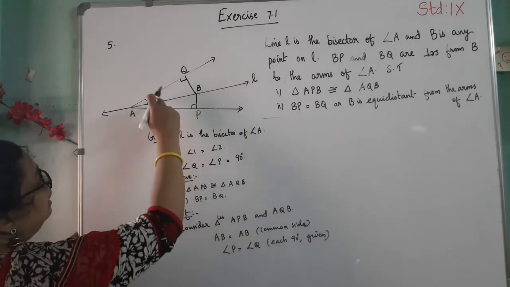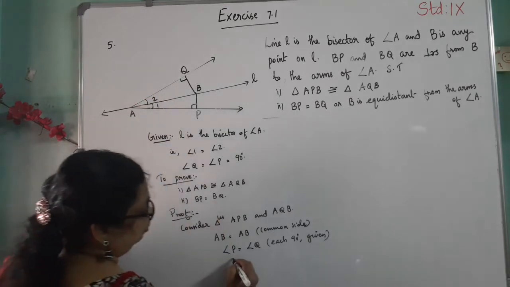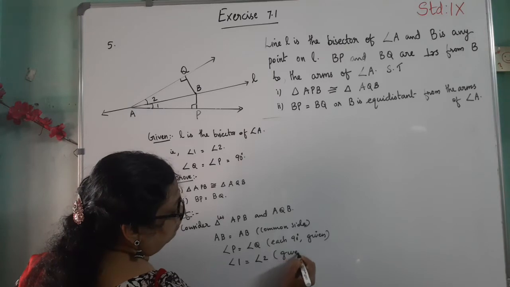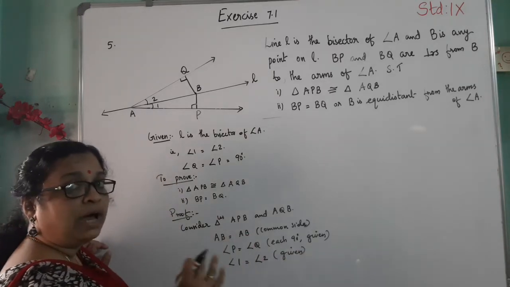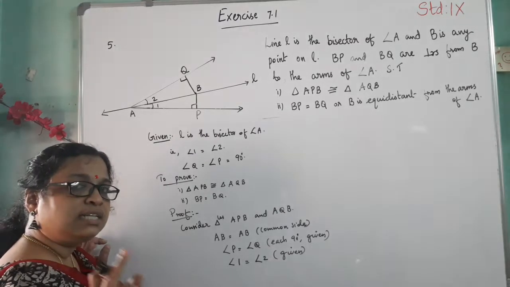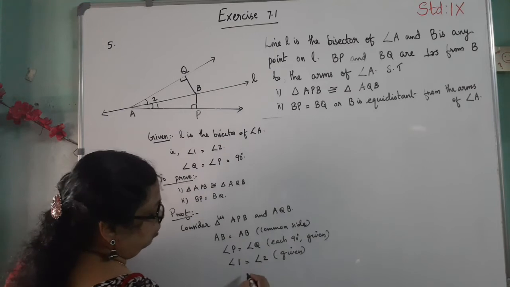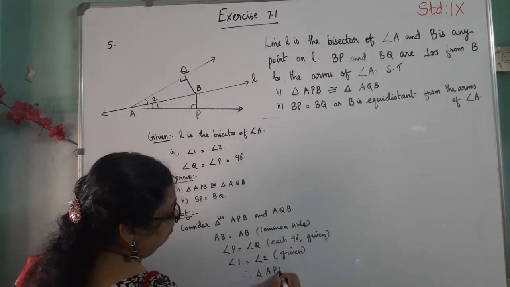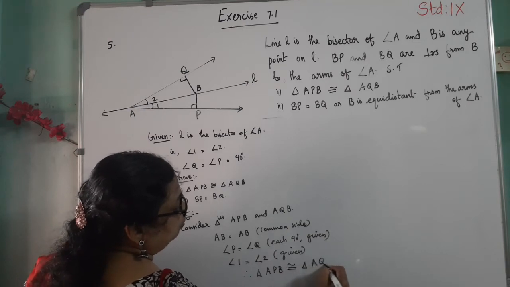Then this L is the bisector, so angle 1 equal to angle 2, that is also given. So here two angles, A A, and one side, S. So by AAS these two triangles are congruent. Therefore we can write triangle APB congruent to triangle AQB.